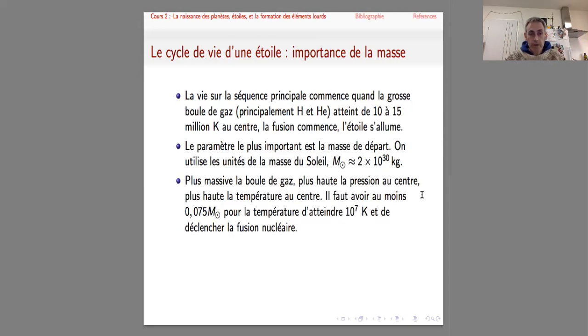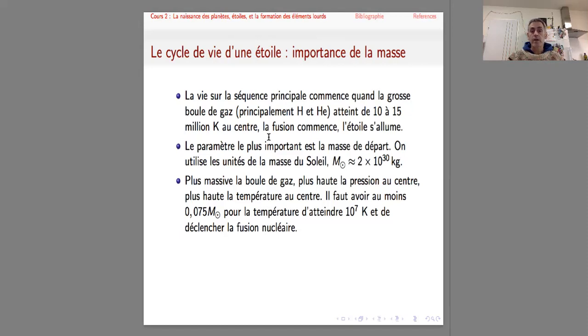So the more mass there is, the higher the pressure, and this greater pressure leads to a greater temperature. Well, we've just said that you have to reach 10 million degrees at least in the center to start these fusion reactions.